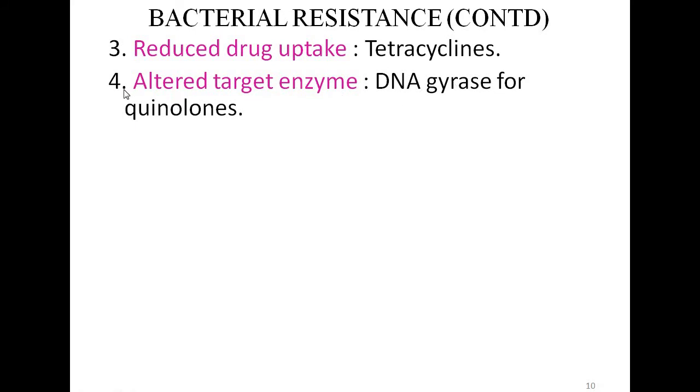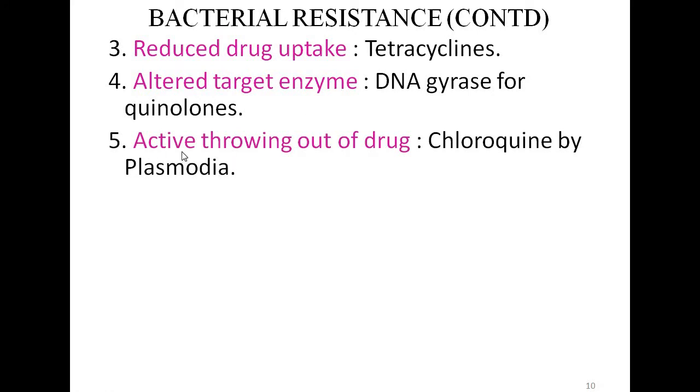The fourth mechanism by which resistance is seen is, for example, the enzyme DNA gyrase, which brings about the uncoiling of the DNA helix. That is the site of action of the quinolone antibiotics. In resistant strains, the enzyme structure is altered in such a way that the quinolone is no longer able to bind to the enzyme.